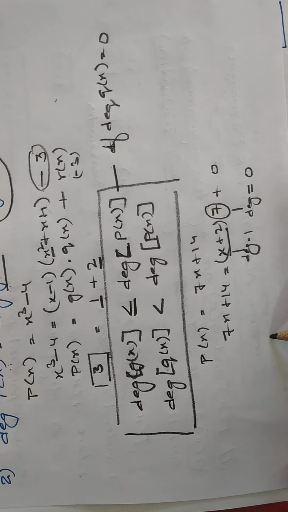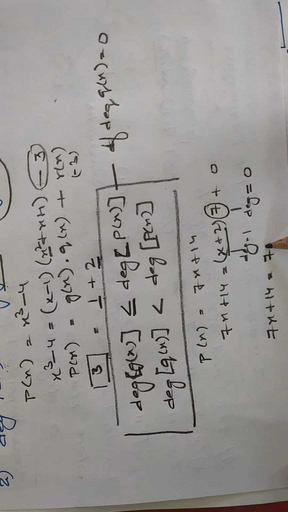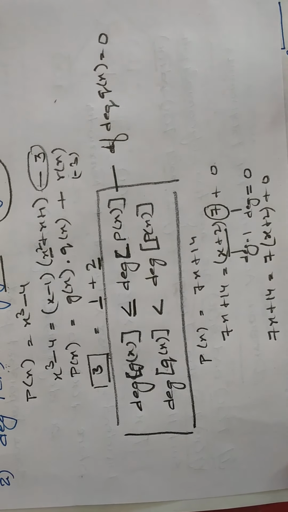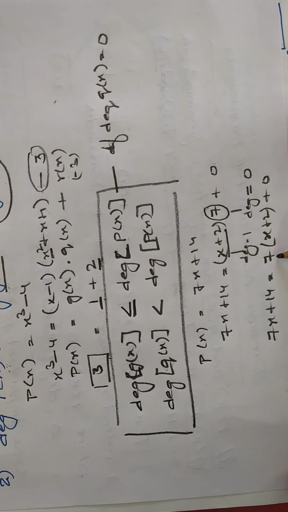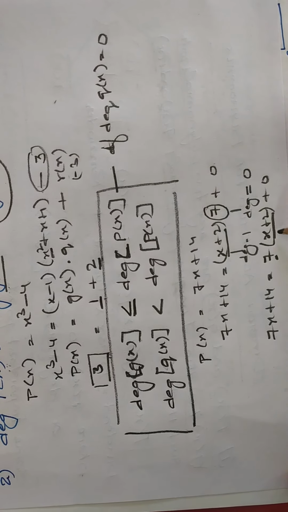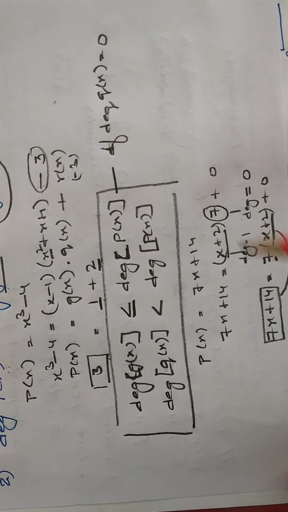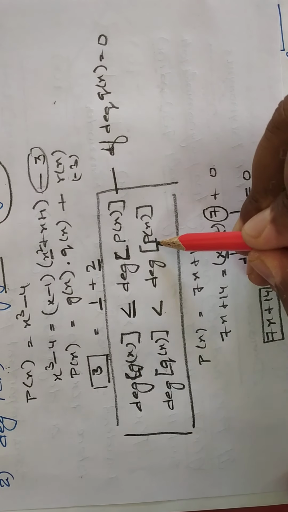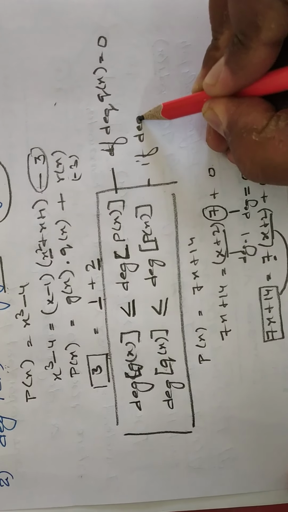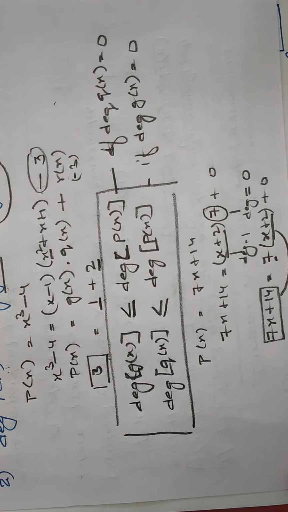Similarly, we can also modify it like this: if 7x plus 14 is divided by 7, then the quotient comes out to be x plus 2 and the remainder is again 0. In that case, the degree of g(x) is 0 and the degree of q(x) is 1. So the degree of q(x) is equal to the degree of p(x). So we can say that the degree of q(x) will be equal to the degree of p(x) if the degree of the divisor, that is g(x), equals 0.